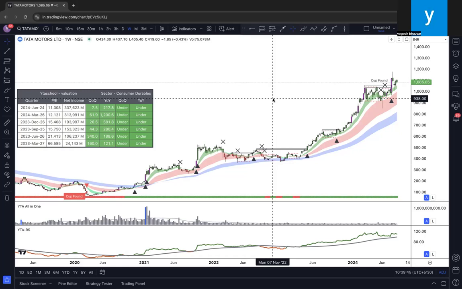Before we start this new update version of my YTA system, I would like to let you know about the disclaimer. Whatever I've discussed over here, whatever charts and illustrations I'm going to do, are only for educational purposes and to show you how the system works.